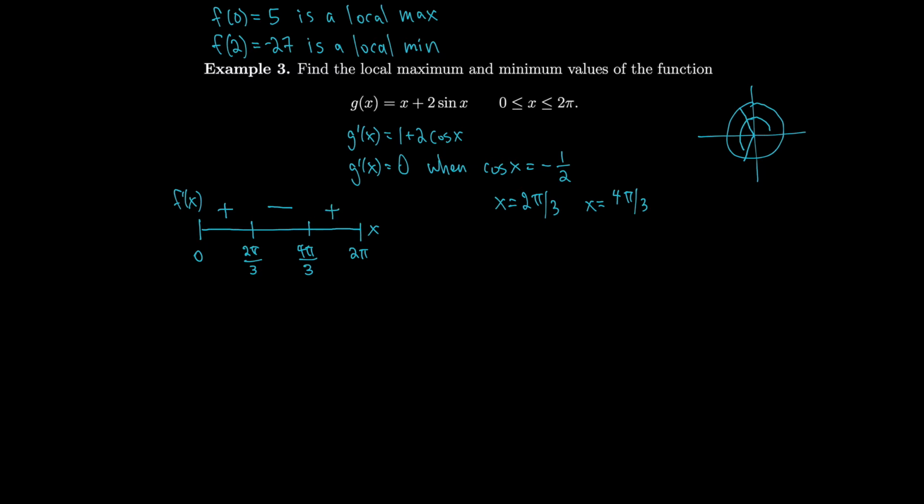So now let's look at those two values. Oh, by the way, this means that we're going up, then down, and then up. So you can kind of visualize where the extreme values are going to be.